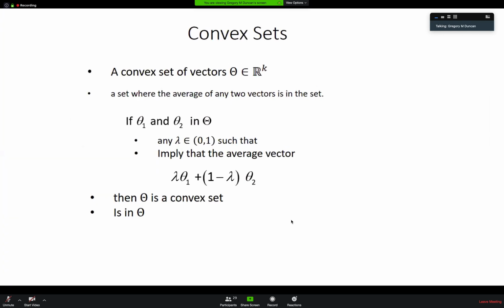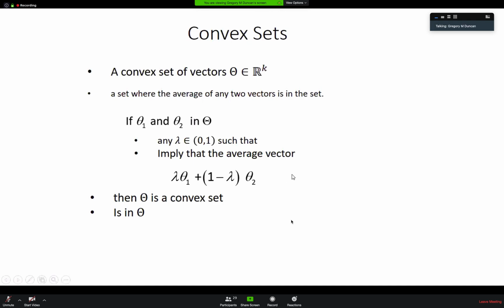You have a set, and the point is that the average of any two vectors is in the set. So you have a set, take two vectors out of that set, and form their average. And you ask, is that average in the set? Now, what's an average?